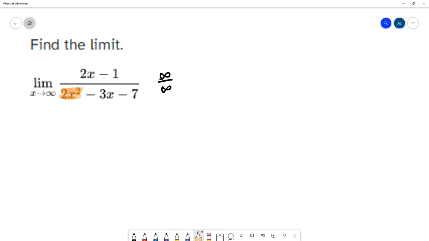This denominator, we don't want it to turn out to be 0 because that would be a problem. And we don't want it to work out to be infinity. So if we can get this to work out to be a specific number, and I'm highlighting this position here in particular because it's the highest power from the denominator. So that's why I chose this particular term.